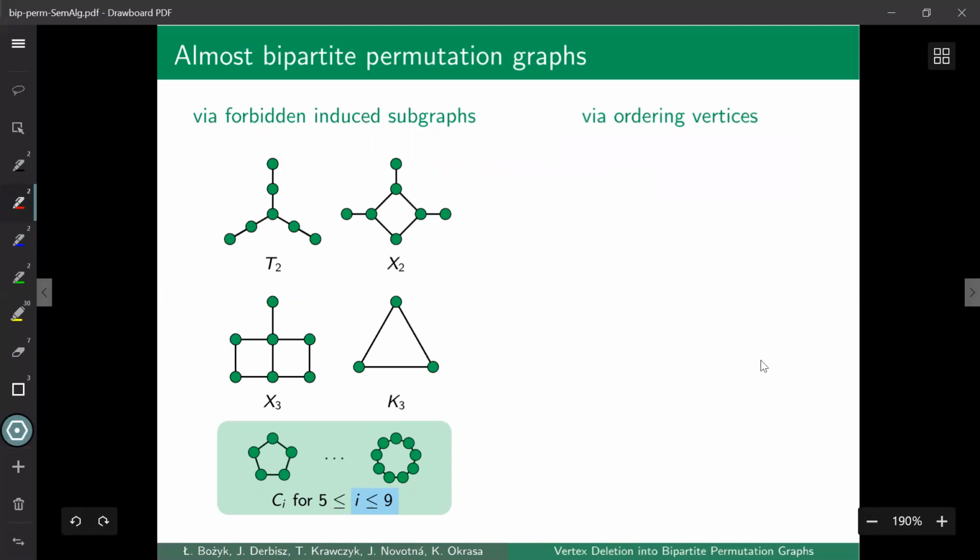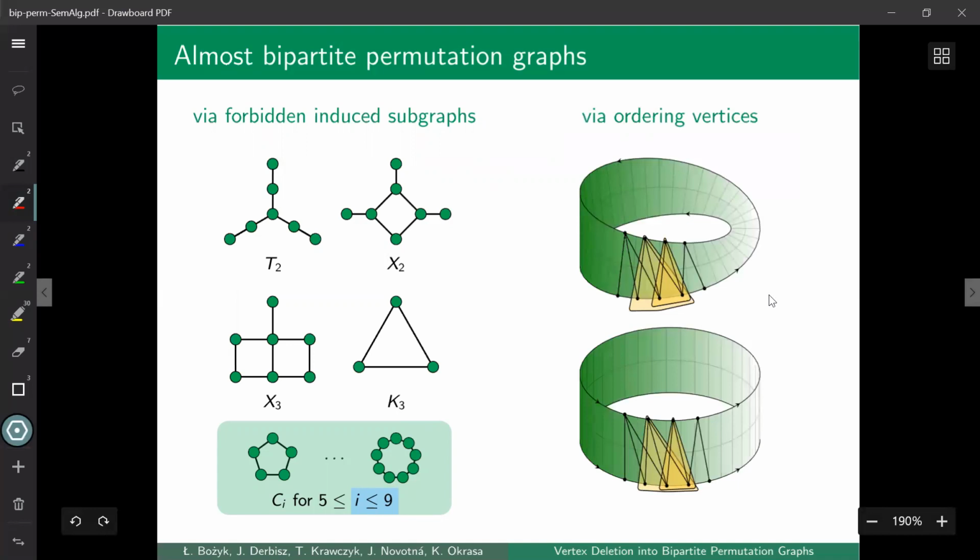The definition would be that those are precisely graphs which are embeddable in either a cylinder, so not a rectangular piece of paper, but a glued-together piece of paper, so that the bipartition classes become ordered cyclically, or a Mobius strip. So we also glue together this bipartite permutation graph, but we twist it while gluing.